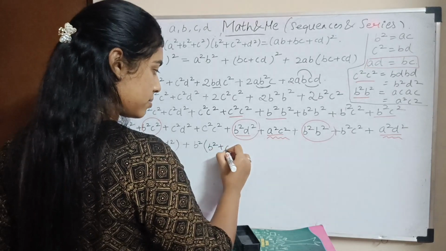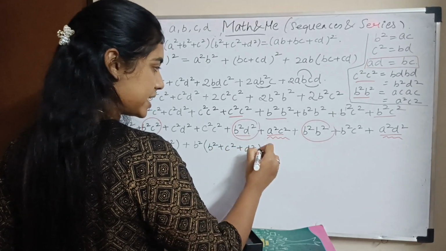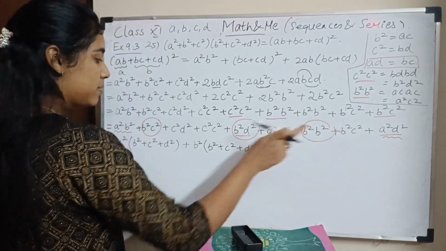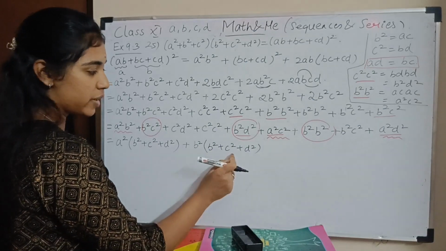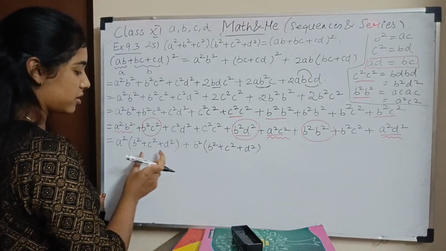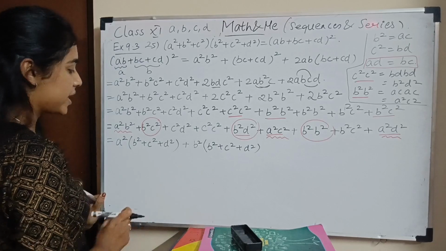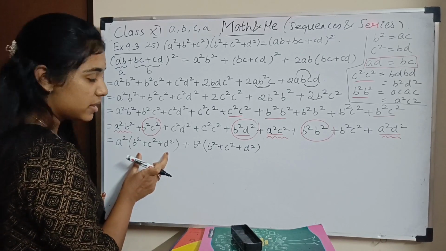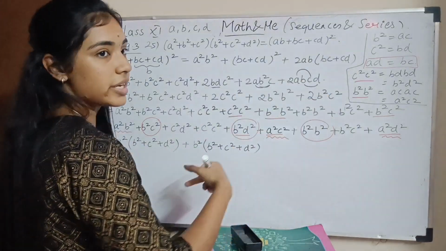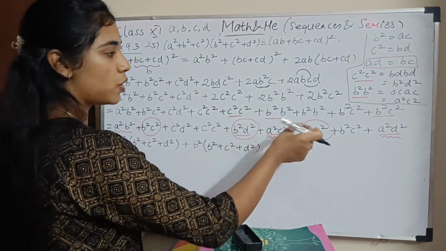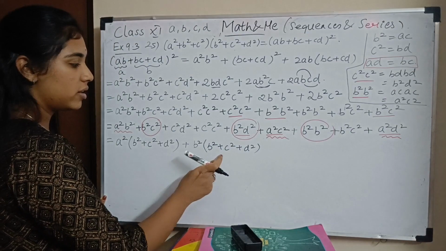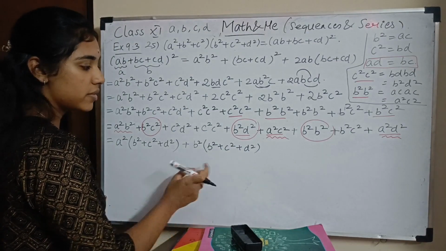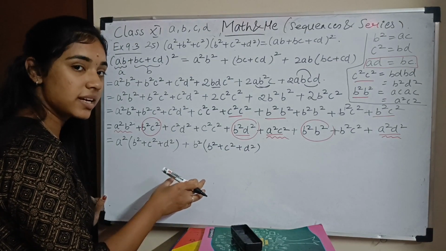I want the same term b square plus c square plus d square in the bracket. What am I doing? I'm trying to bring b square plus c square plus d square inside the bracket. You have to make a few alterations to see that you get all these terms when you are trying to put it inside the bracket.